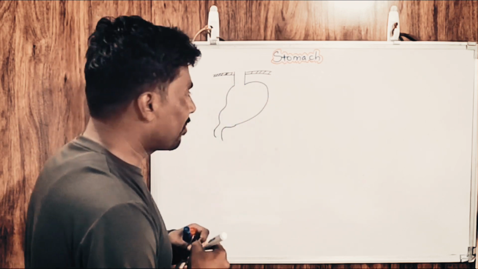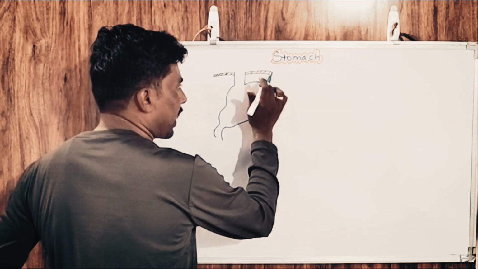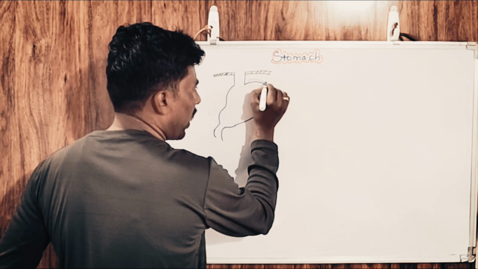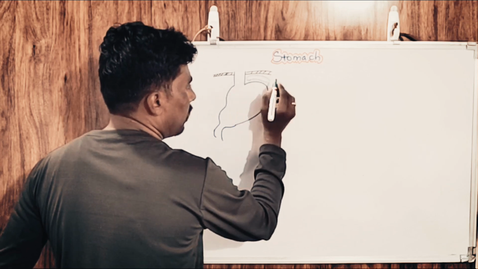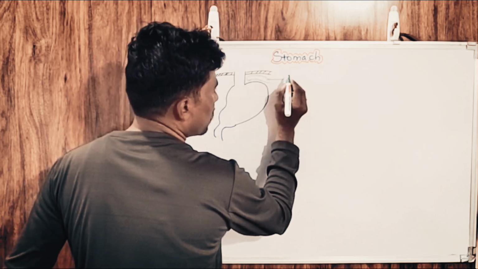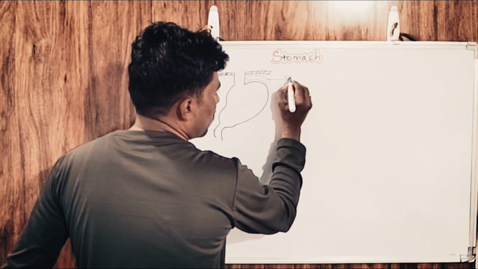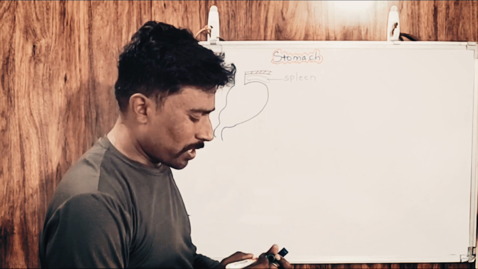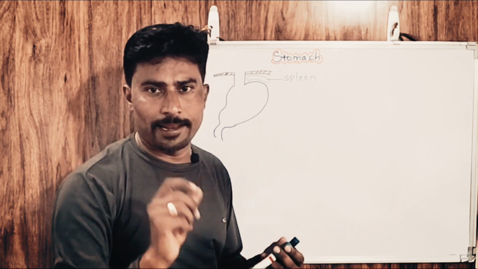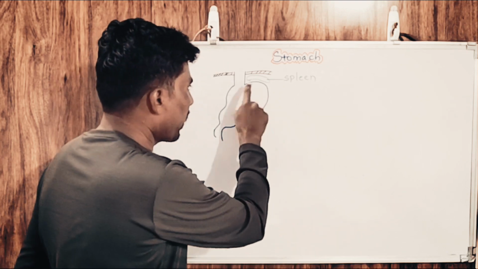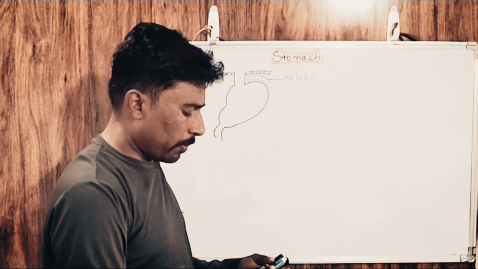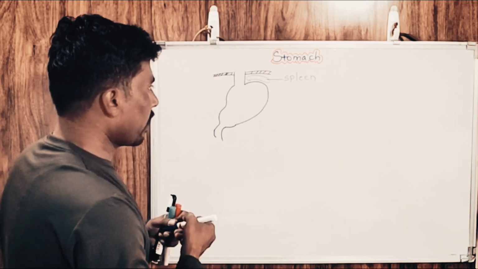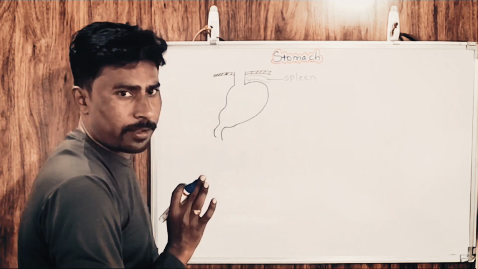In this particular space between the diaphragm and stomach, we have one of the very important glands, known as the spleen. Here there is a spleen. Many students do not know the location of the spleen. The spleen is located over here, in between the stomach and the diaphragm. Then we are talking about the stomach.